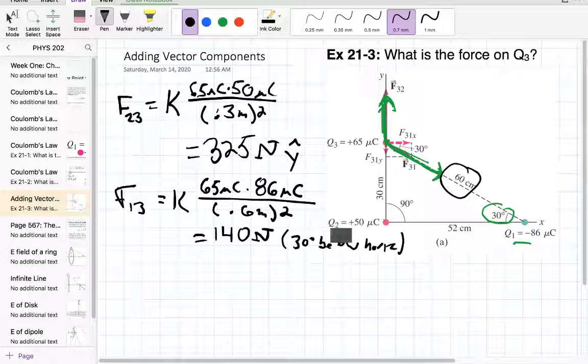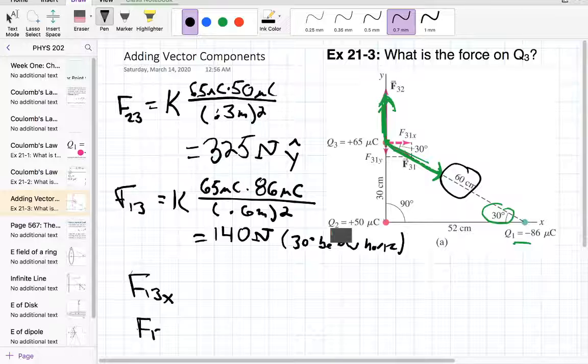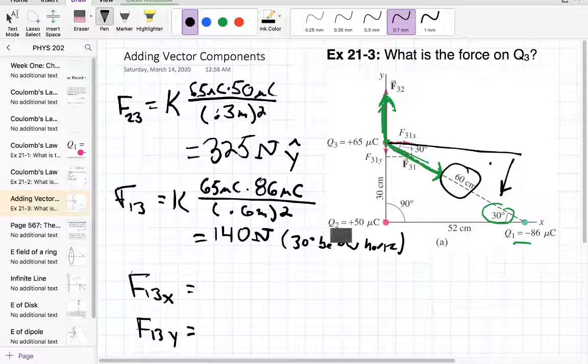So in order to add these two vectors together to find the net force, we have to break that down into horizontal and vertical components. So we can write F13x and F13y, respectively, and we have to decide what our 30-degree angle is. So if we're measuring 30 degrees from here, the y component is going to be 140 newtons times the sine of 30 degrees.